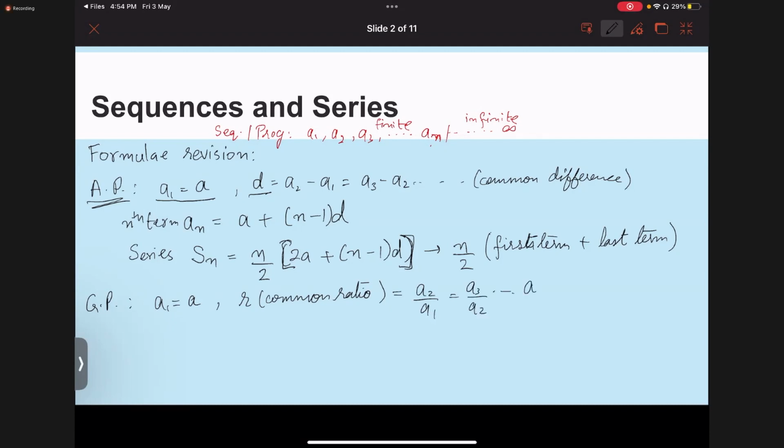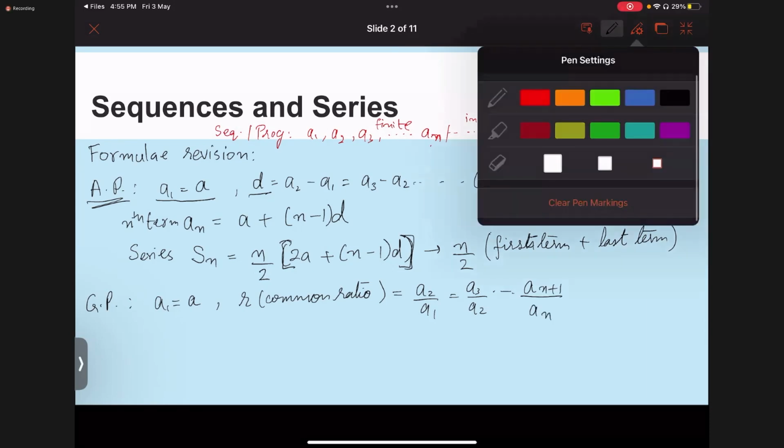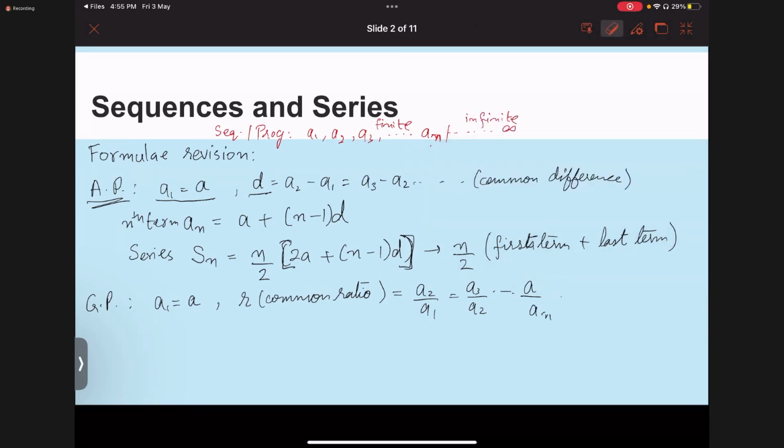So it is actually An plus 1 upon An, or you can write this as An upon An minus 1. Similarly, d is what you get as An minus An minus 1. So if you have A1 and r, you can find your nth term.